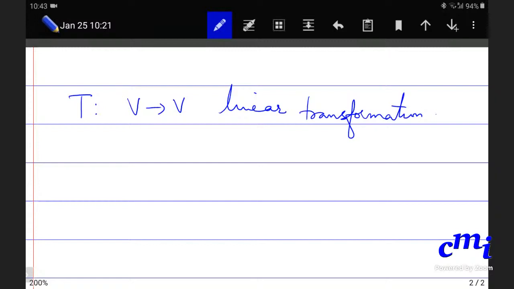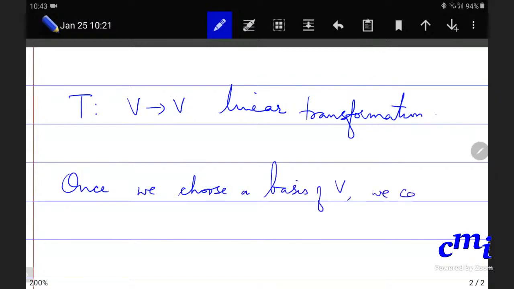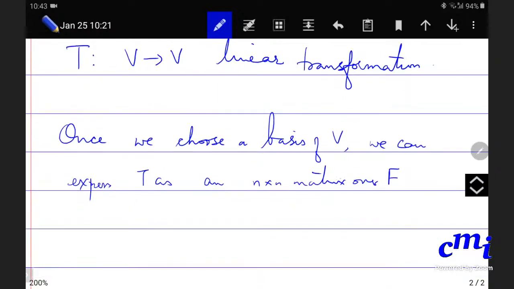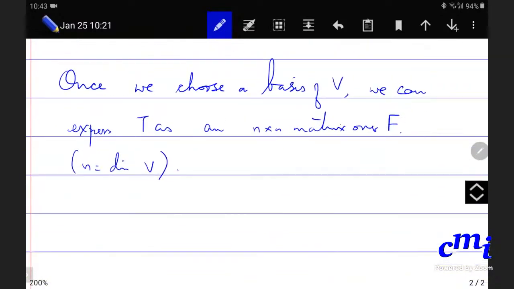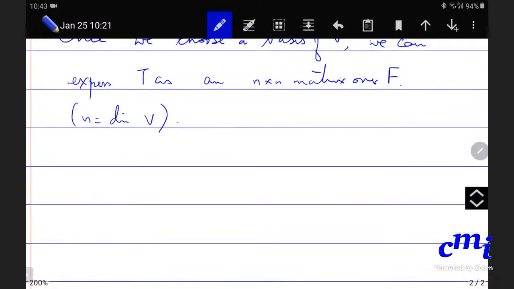Once we choose a basis of V, we can express T as an n by n matrix over F, where n is the dimension of V. We will use both these things.